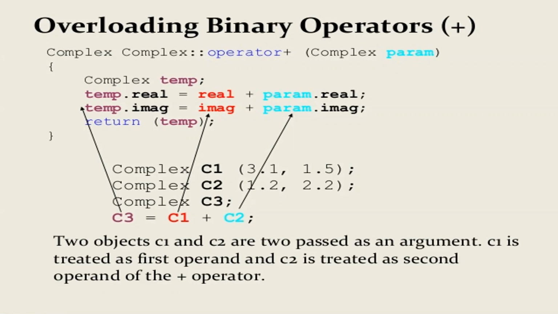Okay. Children, this has to be understood that C1 will be directly accessed, C2 because it is the argument, it will be accessed with the help of an object.